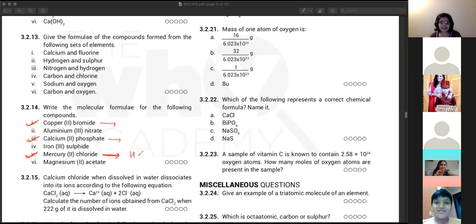Mercury का symbol है Hg. This is the symbol for mercury. Yes, awesome. Ria, your notations are also correct, बस phosphate में थोड़ा सा गड़बड़ हो गया. Because I see you've been following the capital small letters properly. Phosphate में there's a little bit of, I think. Okay.